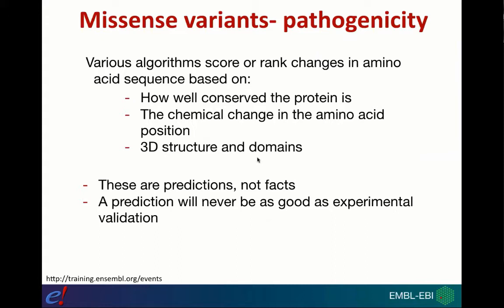So we have a single position in the protein that maybe encodes an arginine, and then because of a variant at a specific position in the genome, that arginine changes to a glycine. What these algorithms do is predict how deleterious that amino acid change will be on the protein structure and function. But it's important to remember that these are predictions.